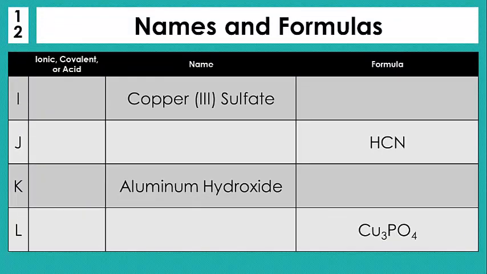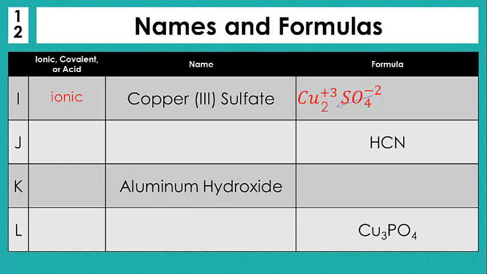Next, I have copper-3 sulfate. So this is an ionic compound. I have copper, which is a transition metal with a +3 charge, and sulfate is a polyatomic ion with a -2 charge. So in order to make this charge neutral, I'm going for 6. So I want +6 and -6 because I've got +3 and -2.